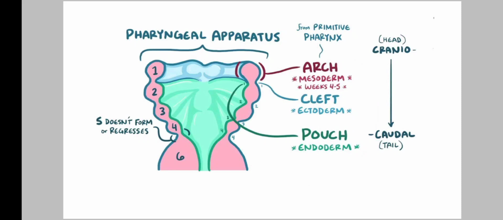From above to below, you can see the craniocaudal picture, or head to tail. And on the left side of the picture, you can see the 5th pharyngeal arch, it regresses and it usually fuses with the 6th one.